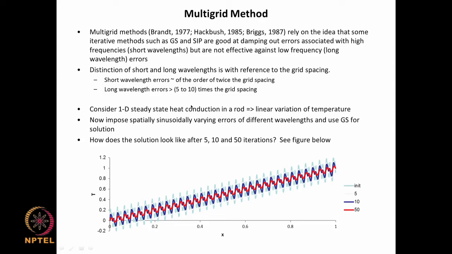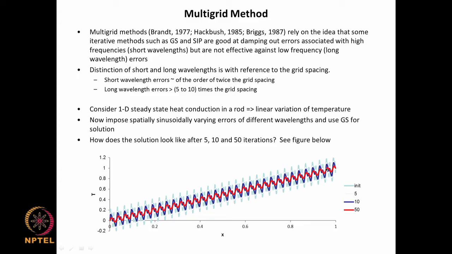We illustrate this error damping property of the Gauss-Seidel method by considering the example of 1D steady state heat conduction in a rod, so that you are expecting a linear variation, and this is the kind of linear variation that we are looking at. We have x going from 0 to 1 and T going from 0 to 1 as you go from x equal to 0 to x equal to 1.